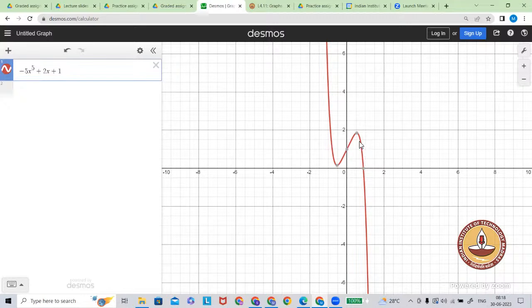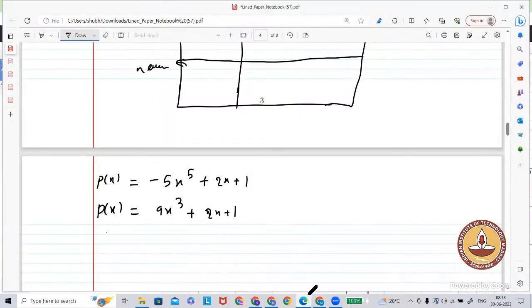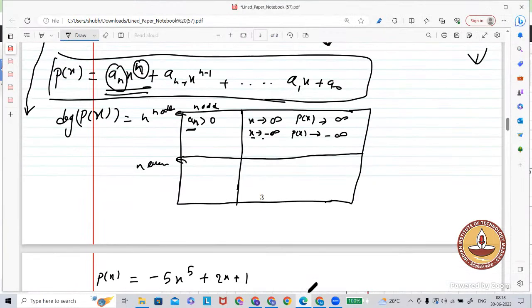So once you are substituting here a positive number, this is the x-axis, this is the y-axis. Once you are substituting, see, this very large and large number. Oh, sorry, I'm making a mistake here.